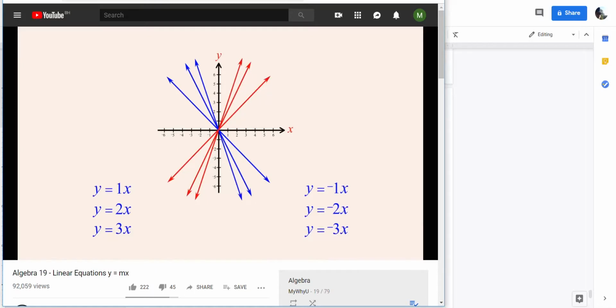Lines which slope up as we move to the right are said to have a positive slope, and lines which slope down are said to have a negative slope.